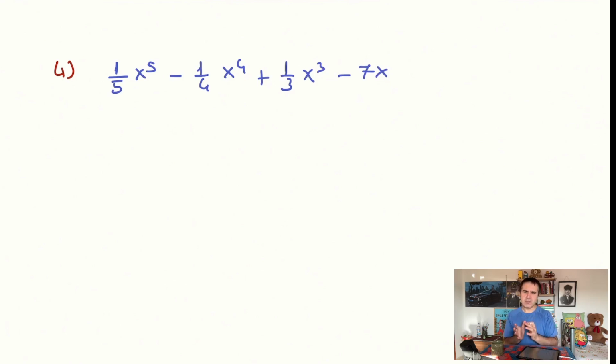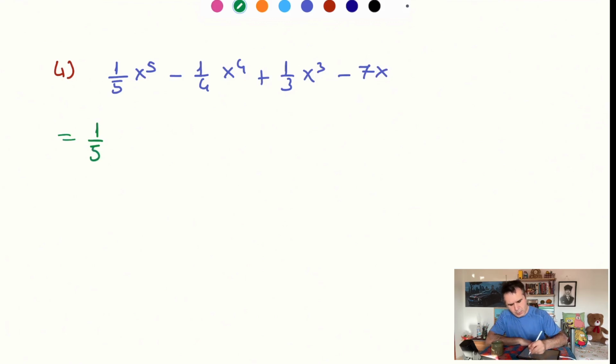So constants just stay alone for the ride. Okay, we will write first 1 over 5. Then the exponent will come here as coefficient, 5 times.